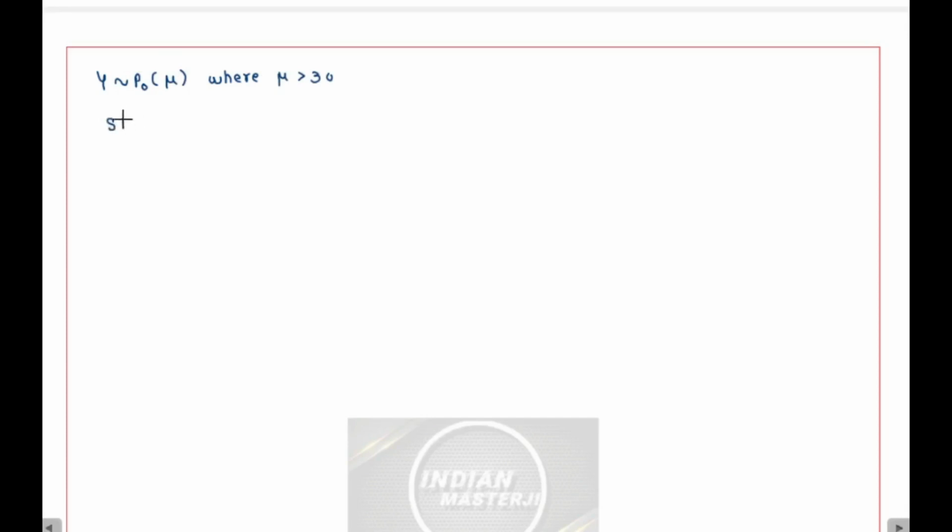So we can say since the average rate of occurrence, or the mean, is greater than 30, therefore Y, which is following a Poisson distribution, can be approximated by a normal distribution.